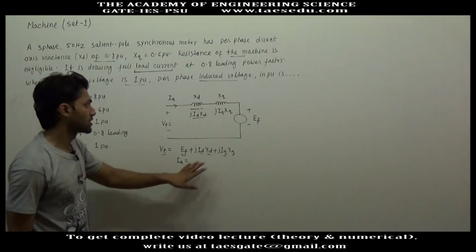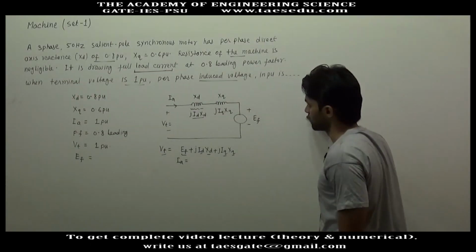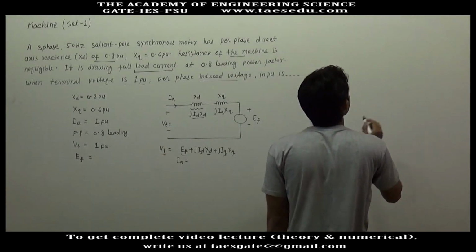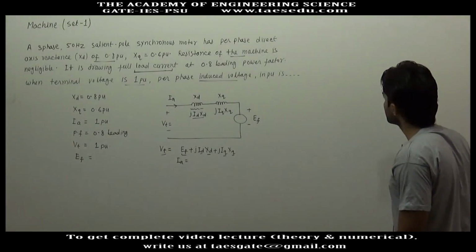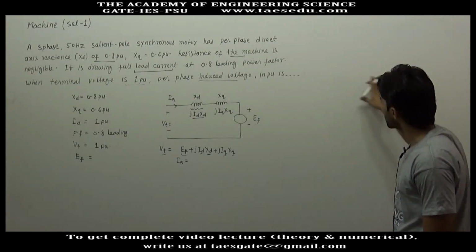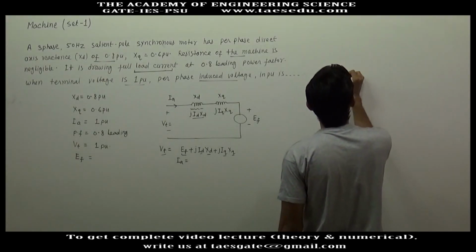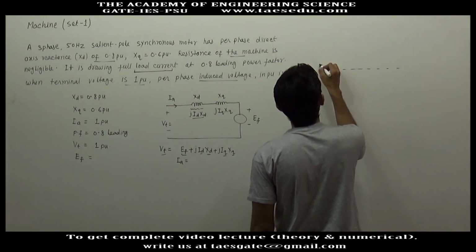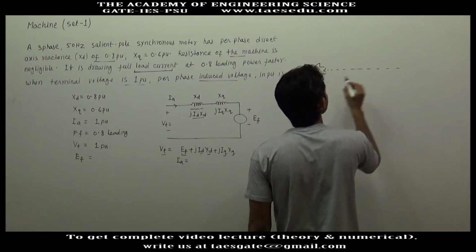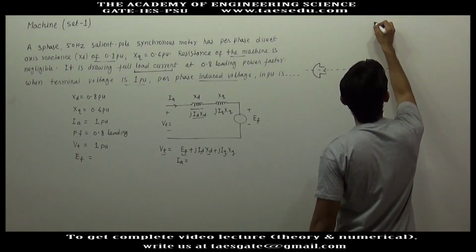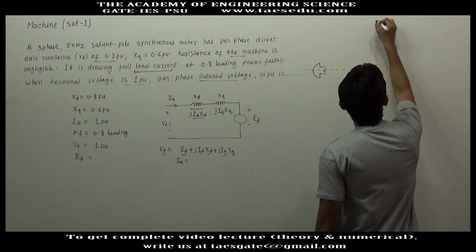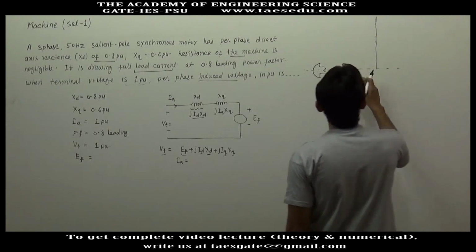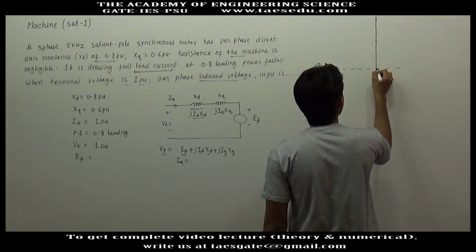So to find out, now let us draw the phasor diagram of salient type synchronous motor. So first in the phasor diagram, we will show the direct axis. Let's say this is the direct axis, and let's say this is the direction of EF. Since this is direct axis, Id will be in this direction.